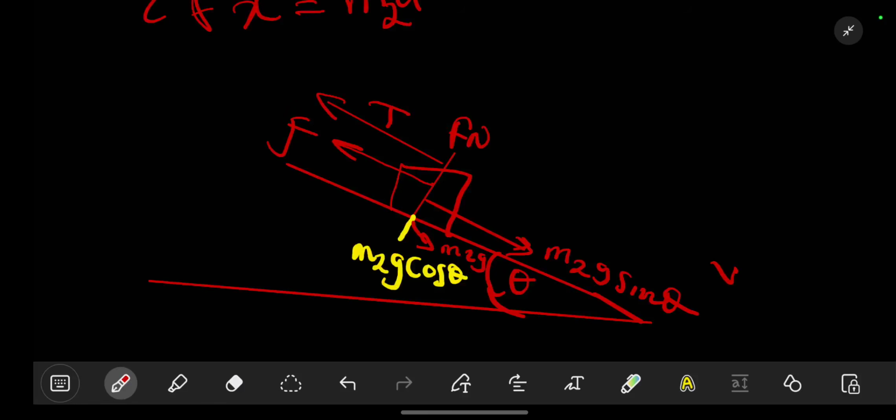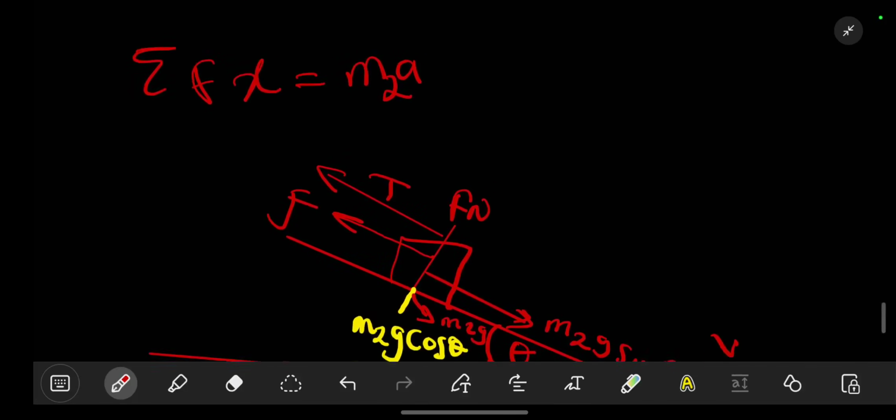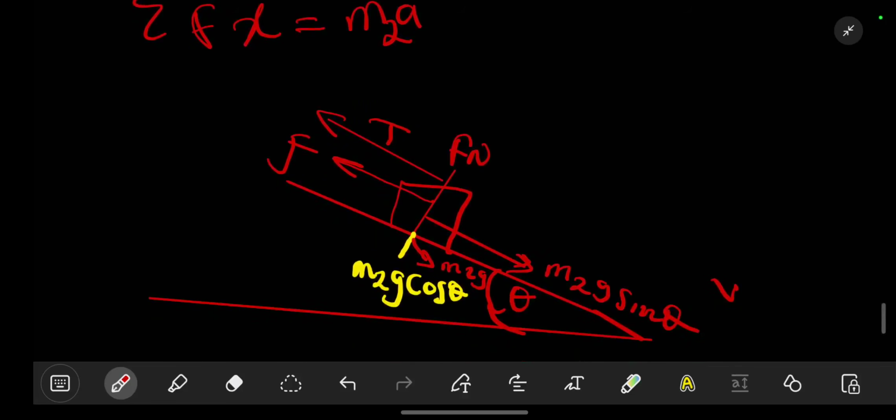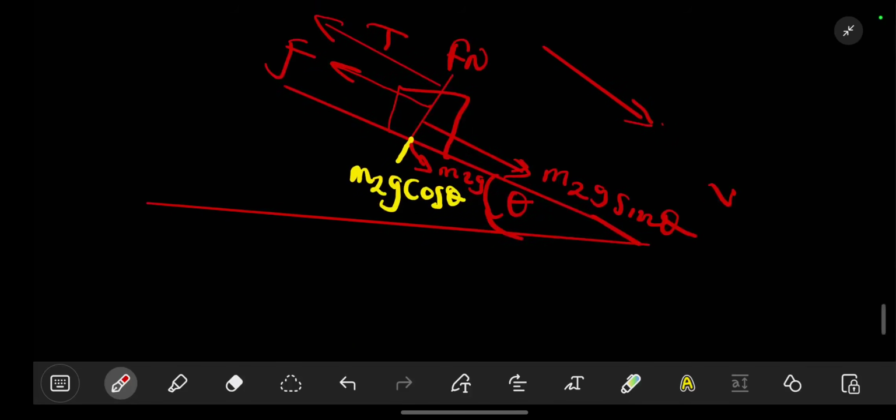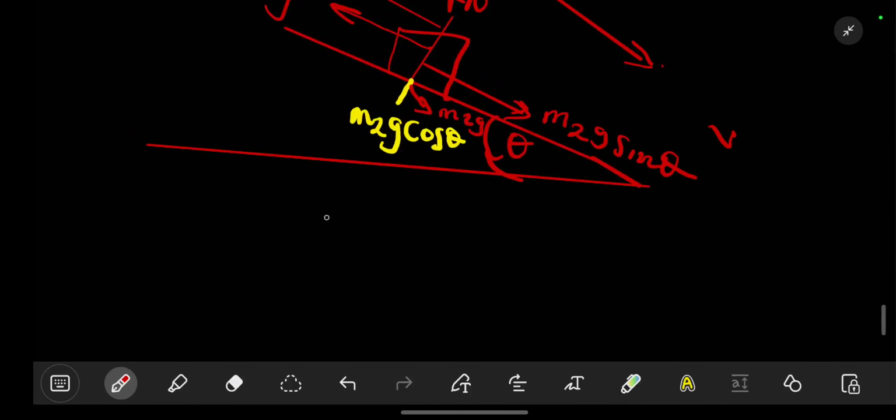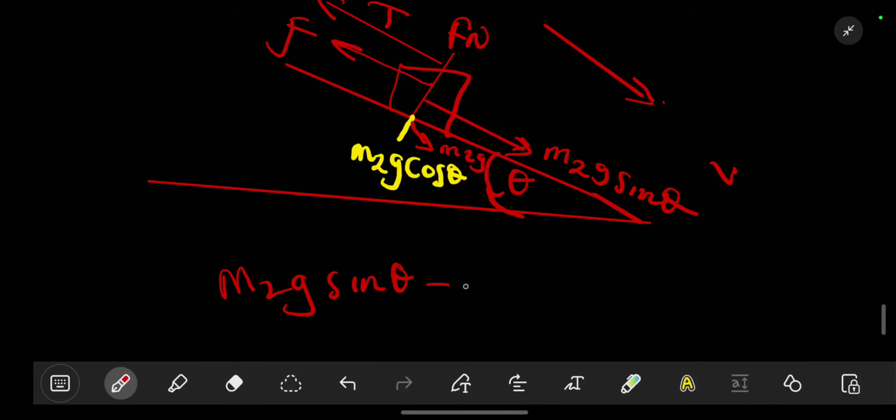So the summation of forces in the x, knowing that it's going down, let's take whatever is going down to be positive. We begin with our m2g sine of our theta, minus the one that is opposite, the frictional force, minus the tension, should be equal to m2a, like that.